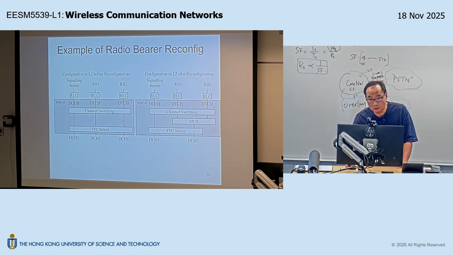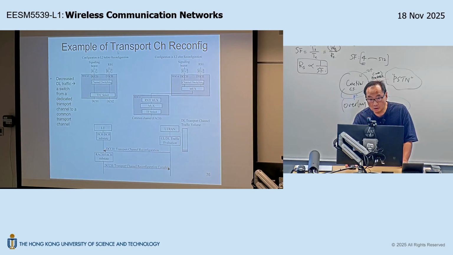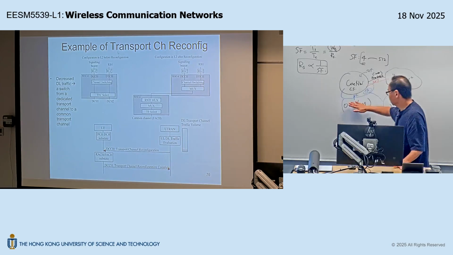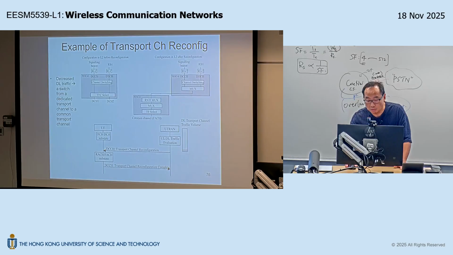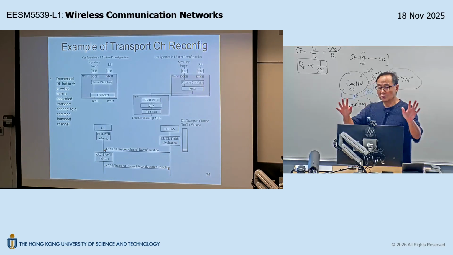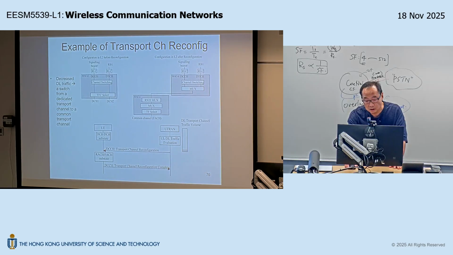Okay? A second example, in response to change of traffic demand, the RRC layer can also engage in what we call transport channel reconfiguration. So now, in response to a decrease of traffic demand, before the change, you have one signaling bearer and one data bearer in this case.